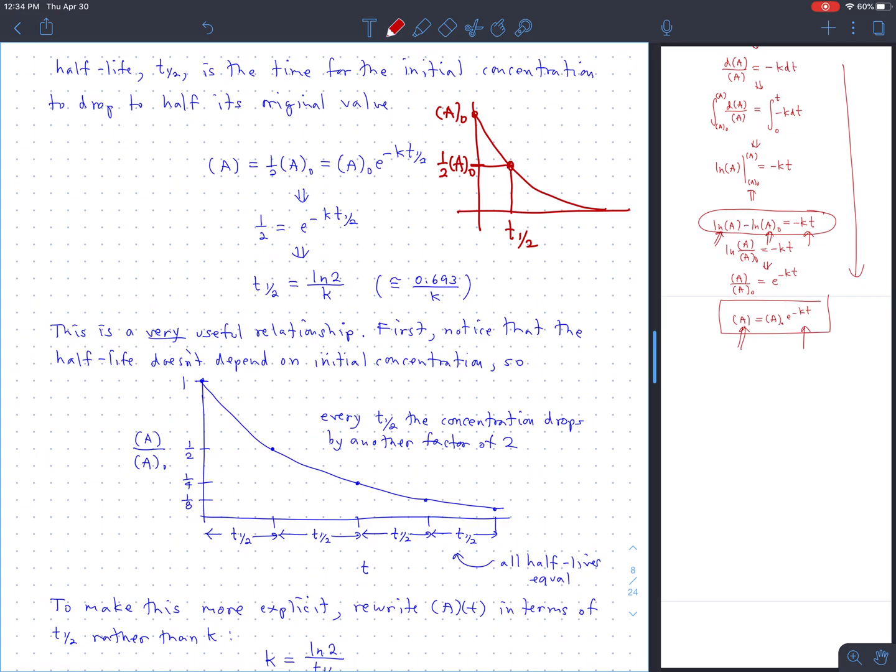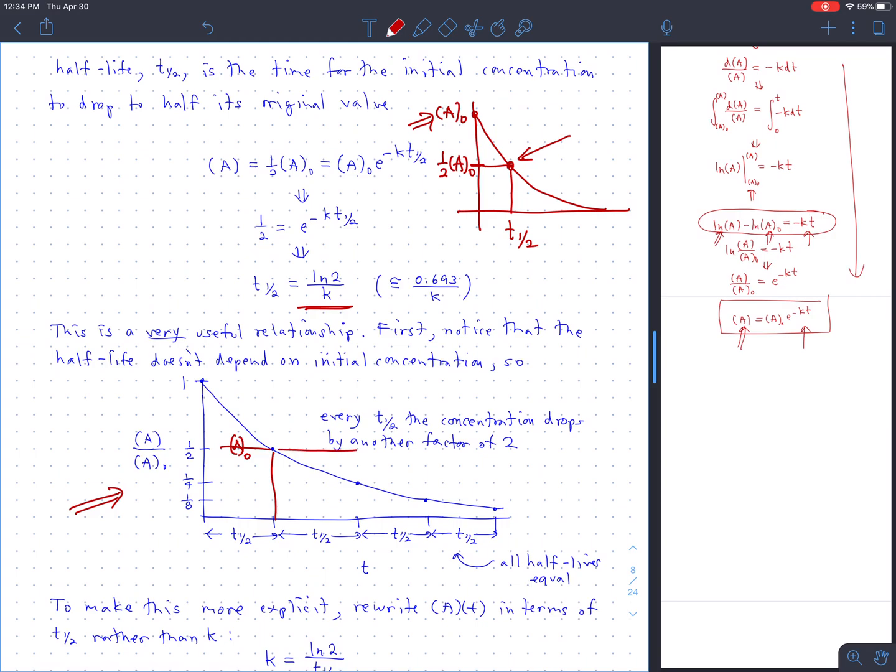The other thing is that this half-life doesn't depend on the initial concentration, doesn't depend on A0. And that means if we wait one half-life, that's what this plot is saying down here. If we wait one half-life, that's t1/2, well, who's to say that isn't the start of a new reaction, right? We can consider this new concentration to be our initial concentration again.